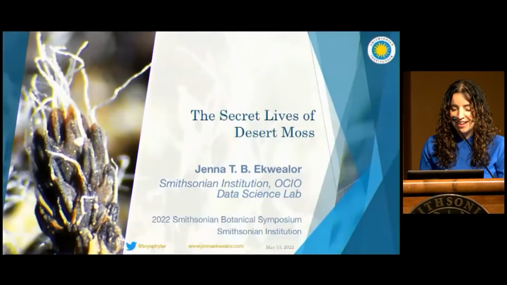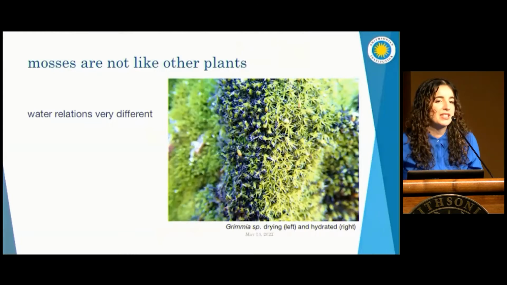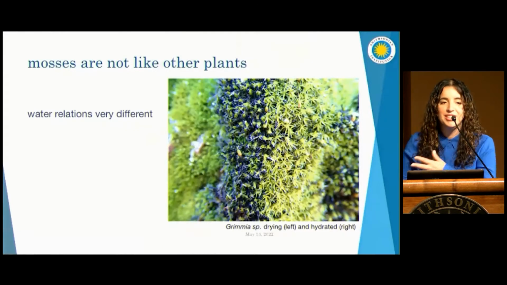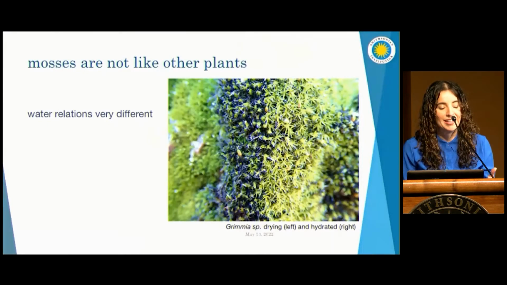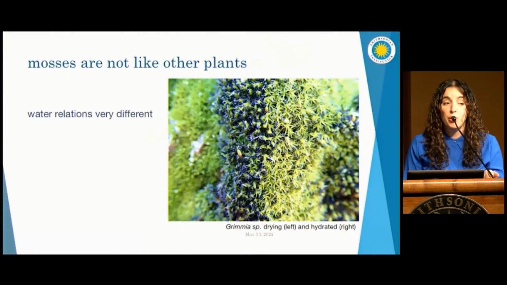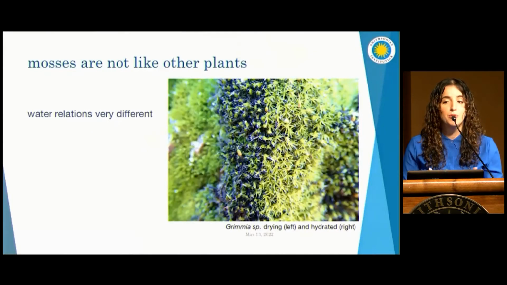It's my pleasure to talk to you about some of my favorite plants and some of their most exciting features. But before I get into the specifics of my work, I have to introduce mosses and point out to you that they're not like other plants in many ways. One way that's important for this work is their water relations are very different from most plants that you're probably familiar with.